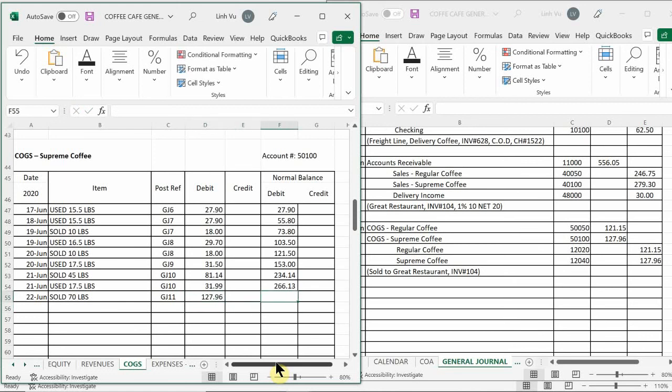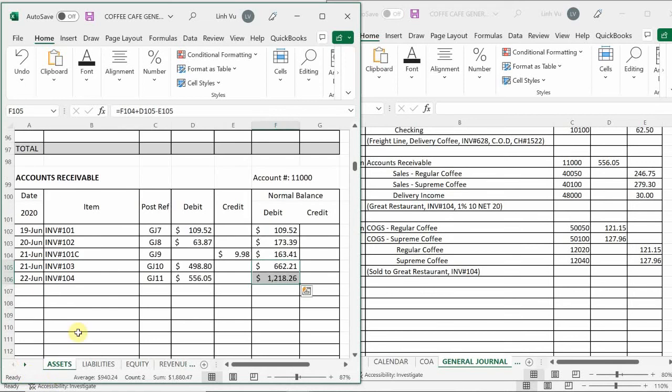So what's my ending balance? $394.09. Okay. Yes. Excuse me. All right, then now we need to update our inventories.